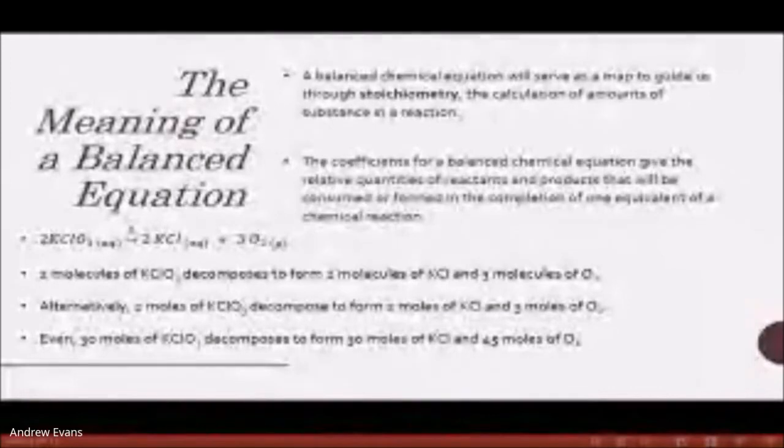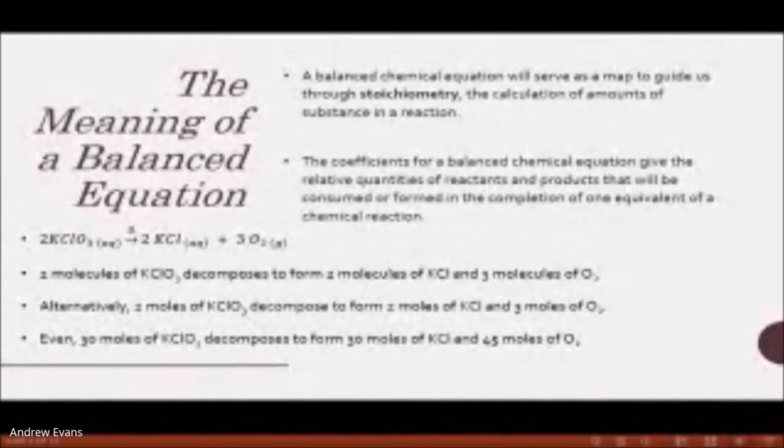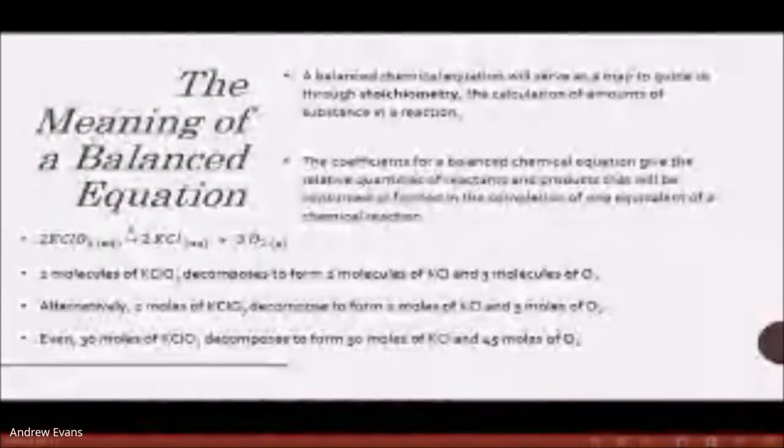The reason behind that is so when we calculate this, we can figure out how much product is formed, how much reactant is consumed. We can essentially diagram out a reaction and know what all is going on. This balanced chemical equation will serve as a map to guide us through what's called stoichiometry, the calculation of.